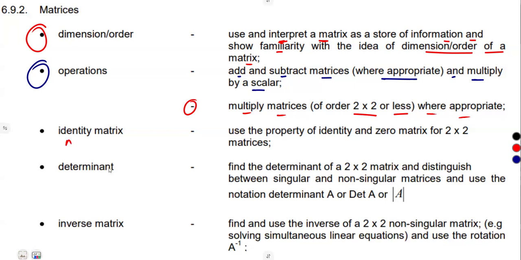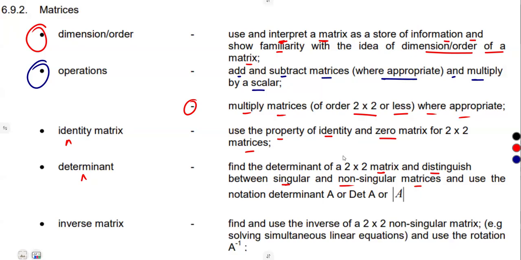Then also understand what an identity matrix is and use the property of identity and zero matrix of 2 by 2 matrices. They have special properties. What are those properties in calculations? Then also the determinant. Find the determinant of a 2 by 2 matrix and distinguish between singular and non-singular matrices.